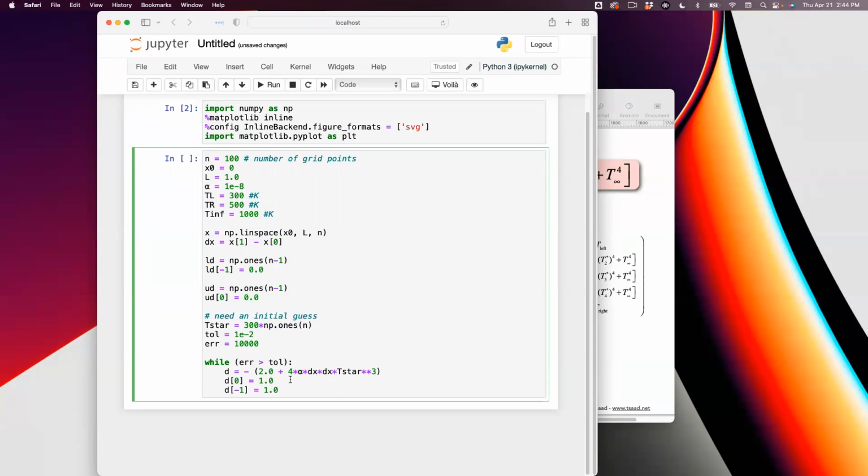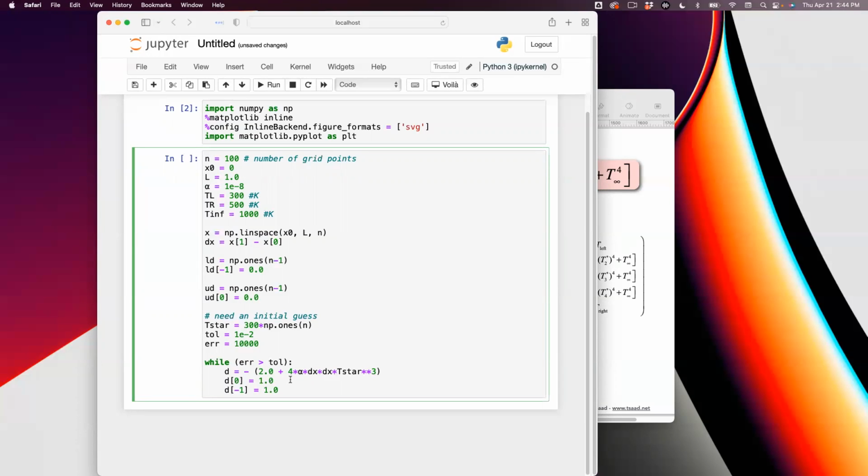Just to clarify what Nathan is saying, we make sure that D is a one-dimensional array of size n. And it is, because all of those are constant values multiplied by an array of size n, so it creates a one-dimensional array of size n. This D contains all of these values with this initial T star.